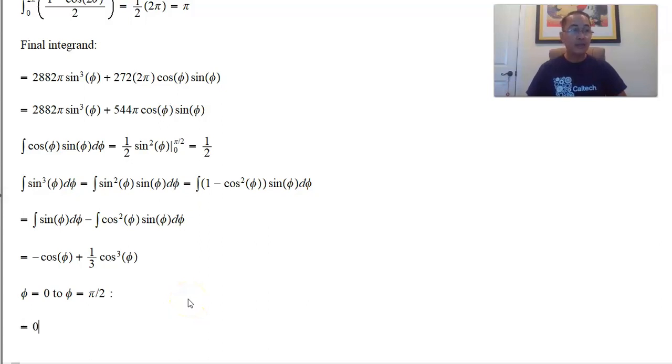So we're going to get 0 minus minus, so plus cosine of 0, and then minus 1/3 cosine of 0. So that is 1 minus 1/3, which is 2/3.